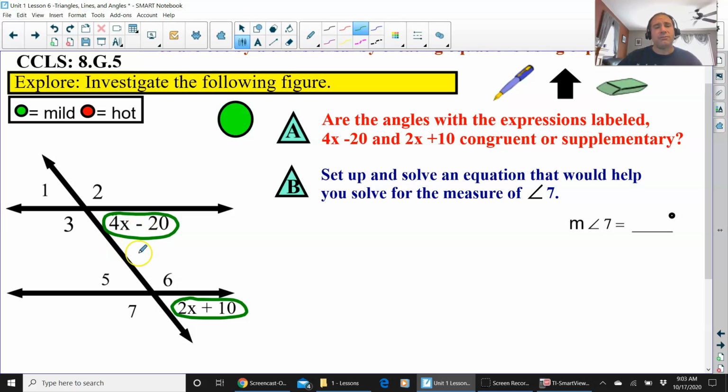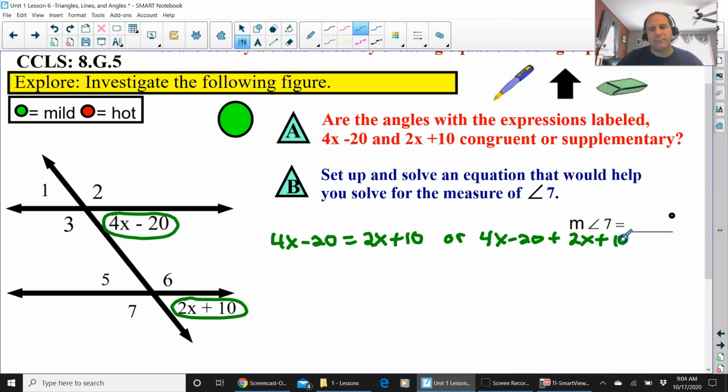All right, so before we press pause, we're going to write down two possible equations. You either think that they're equal to each other, or that you have to add them up and they equal 180.